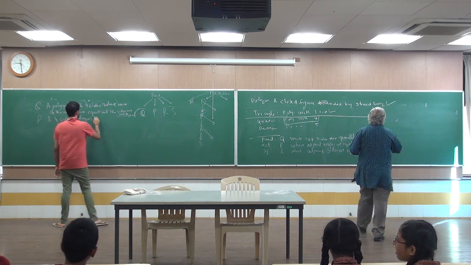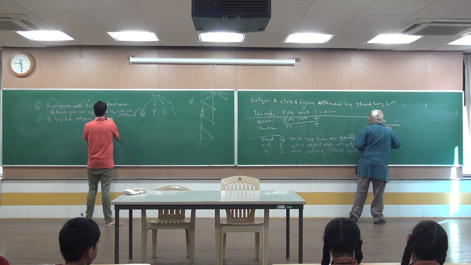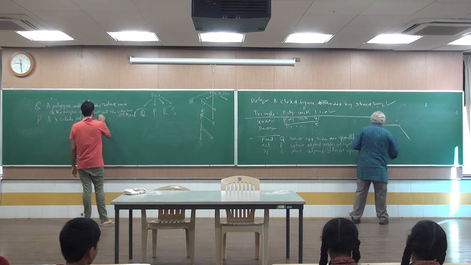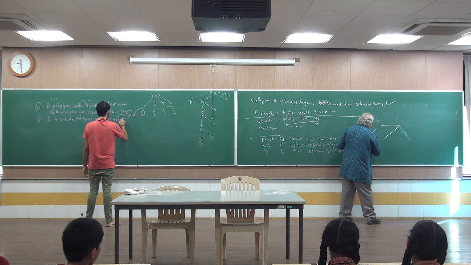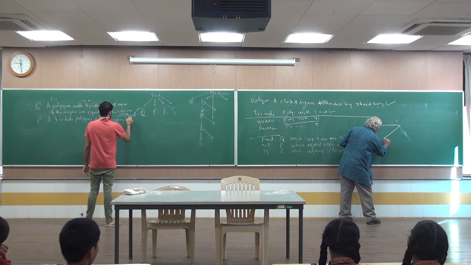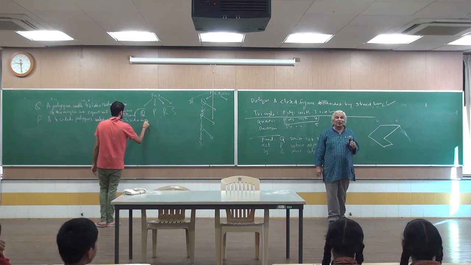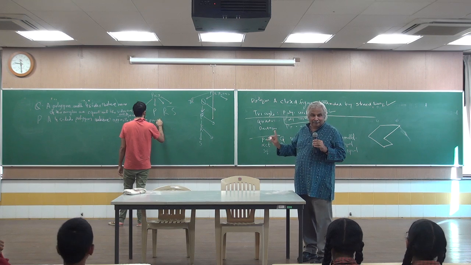So I take it that this will be a parallelogram. Oh, opposite sides are parallel. Okay, I was going to draw this picture. Four-sided, okay. So it has to be a four-sided polygon.